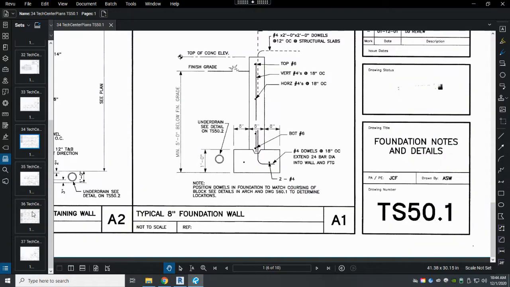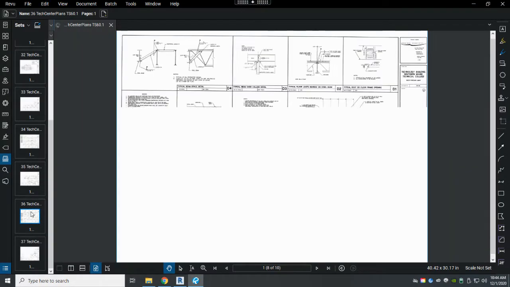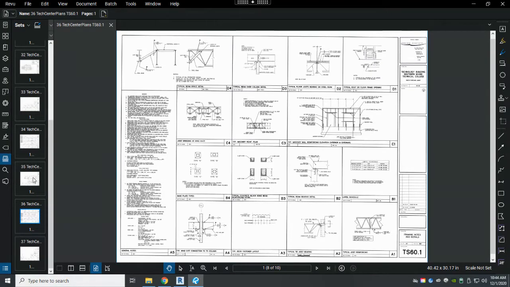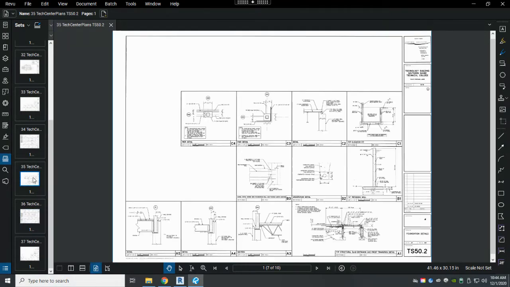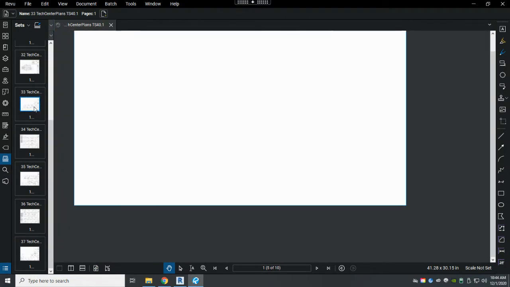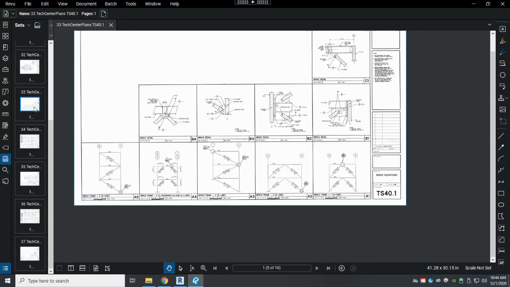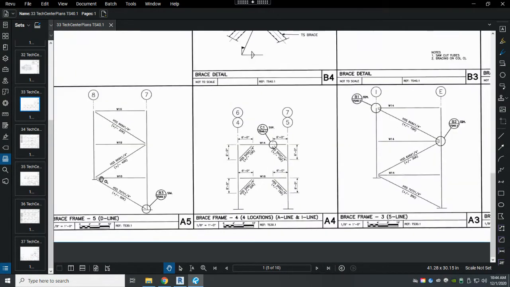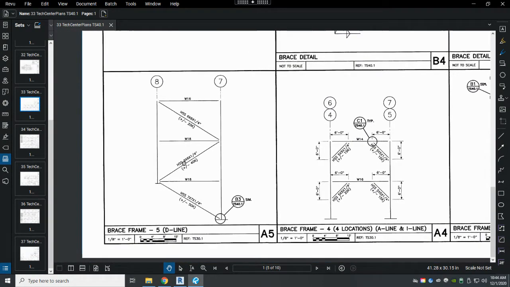So TS 40.1. There we go. And it says, look at A5. There's A5 right there. And we are between columns 7 and 8.